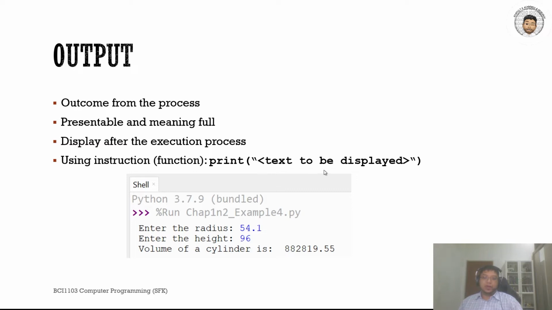After the execution process, we use the word print and also the text to be displayed. Any text that you want to be displayed, and also the information carried by the variable, can be shown inside the terminal itself. For example, the text to be displayed here is enter the radius, and 554.1 is the data carried by a variable. So you can combine all of them and display it here.